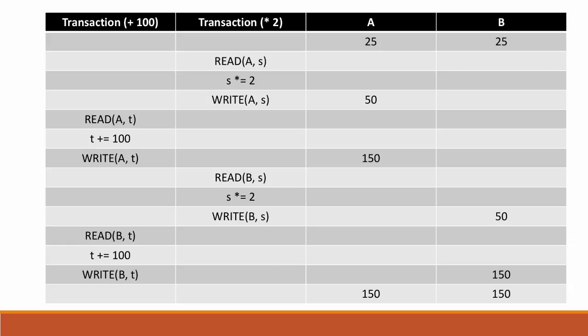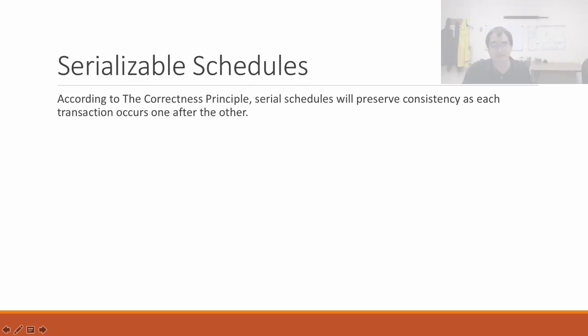Is that the same as one of the possible serial schedules? Sure. Like I just showed you in the previous example, where they could both be 150. So is this schedule serializable? Yeah, because it achieves the same result in the end. Now, is this a serial schedule? No, because we have this weird mixing of actions. It's not that one transaction occurred from beginning to end and then another transaction occurred from beginning to end, but the end result was the same.